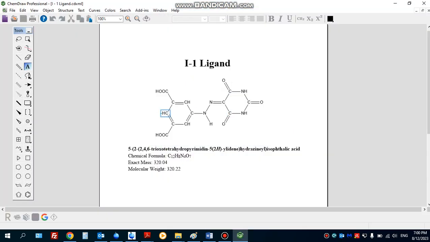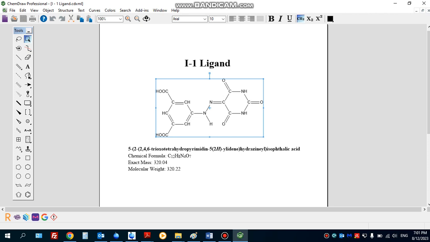So from here we can see that we have 12 carbon atoms in total, and using this software we can predict the 13C NMR spectra.